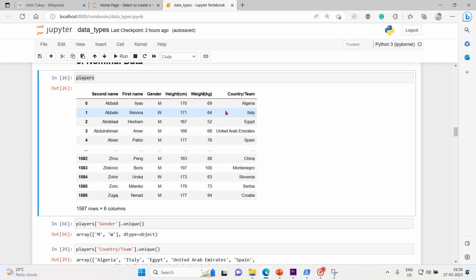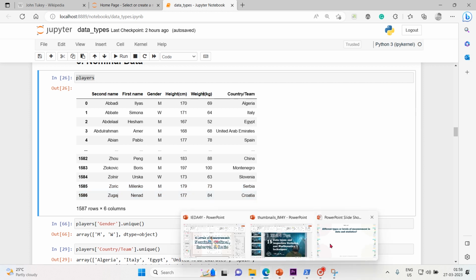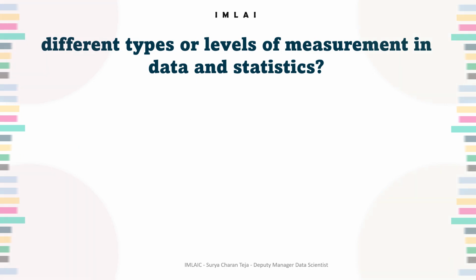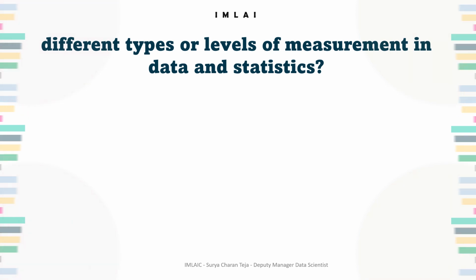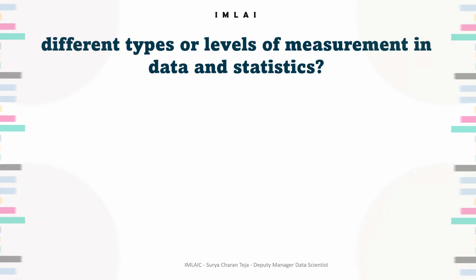There are four main levels of measurement: nominal, ordinal, interval, and ratio. In this section, we will explain exactly what is meant by levels of measurement within the realm of data and statistics, and why it matters to us as a machine learning engineer or a data scientist.